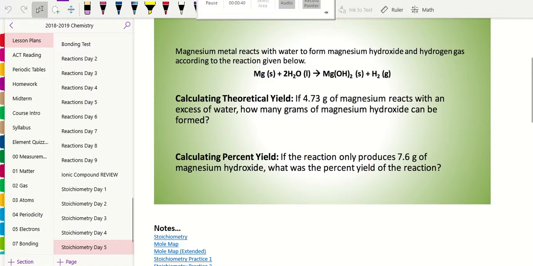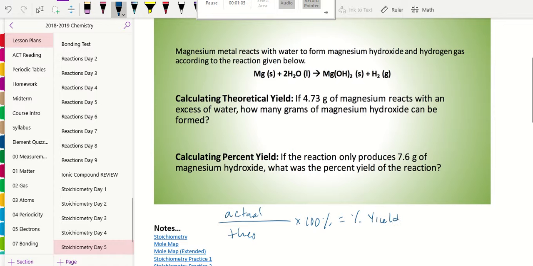It is the exact same way when you're calculating percentage yield. So we are looking at an actual amount divided by a theoretical amount times 100% equals percentage yield.